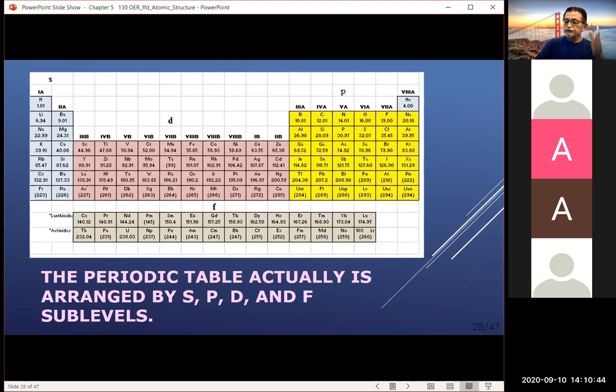And so you can see there's 10 columns as you go across the periodic table, starting with group 3A and so forth. So the periodic table is a good guideline to help you with the electron configuration, or alternatively, you can memorize those numbers they gave you and use that. Whatever works best for you. I prefer just glancing at the periodic table because for me it's just quicker.